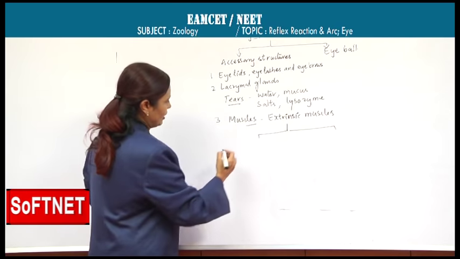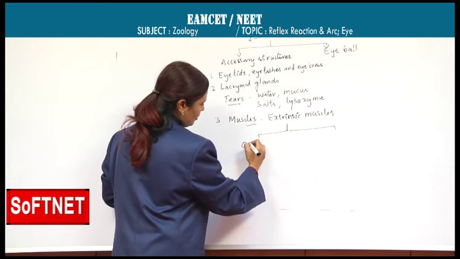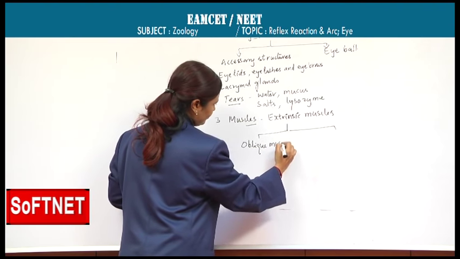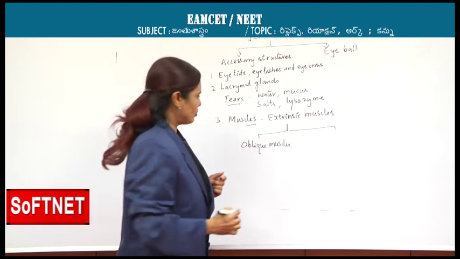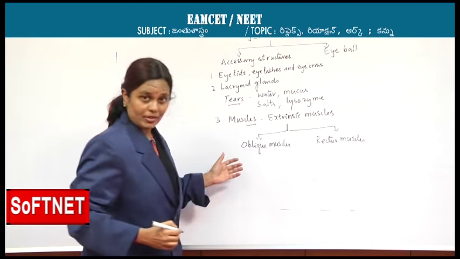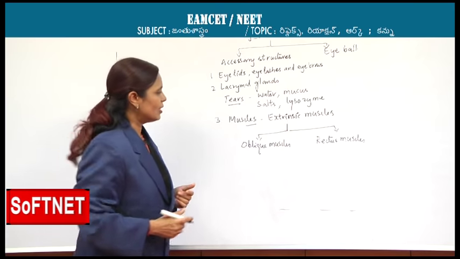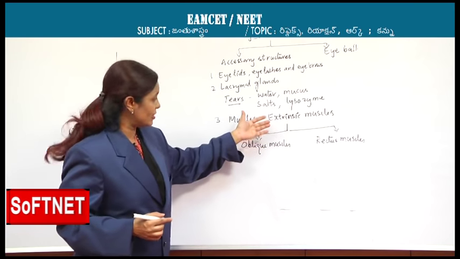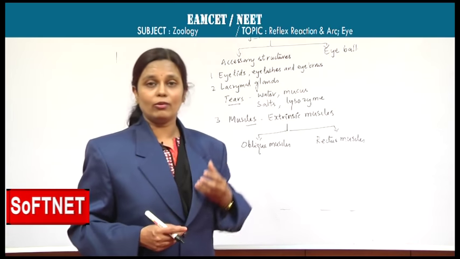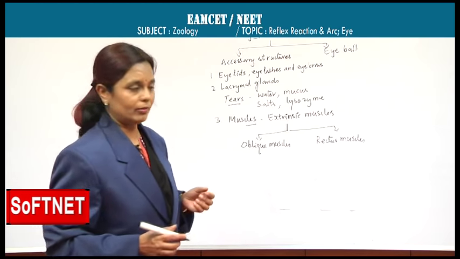They are, number one, oblique muscles, and number two, rectus muscles. Oblique muscles and rectus muscles are the two types of extrinsic muscles that connect the eyeball with the orbits and play a role in the movement of the eyeball.